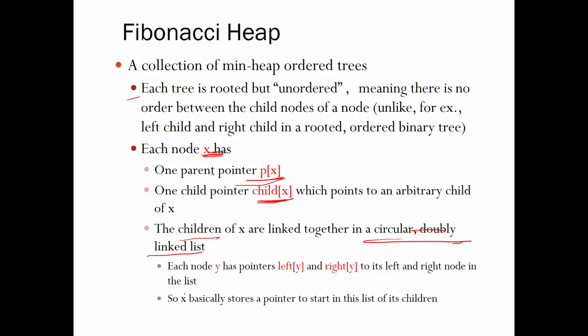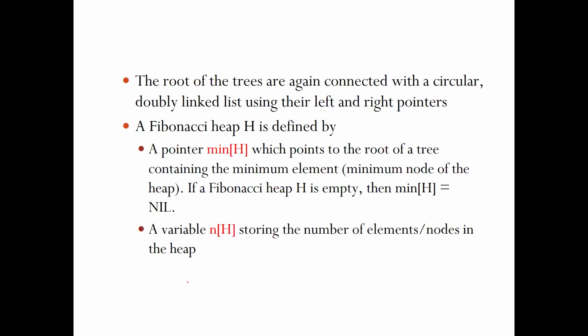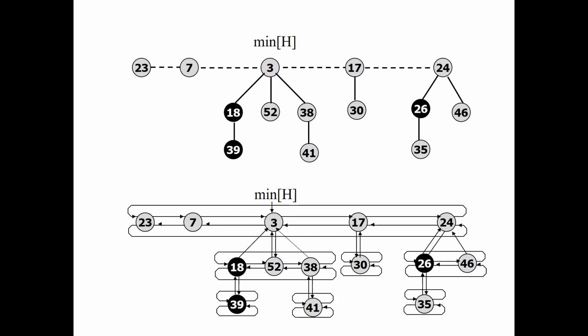So basically, X will store the node that is at the start of the list. Just like I said in the left child, right sibling, it will keep track of any one of the children, and each of the children will keep track of its siblings.